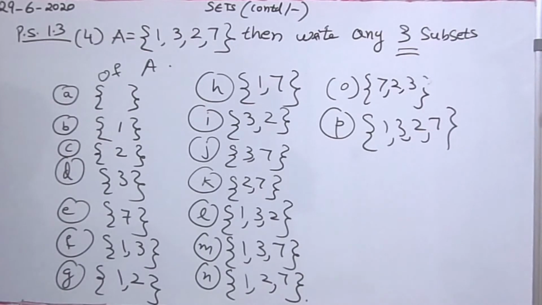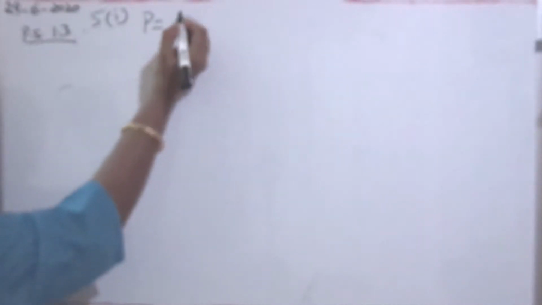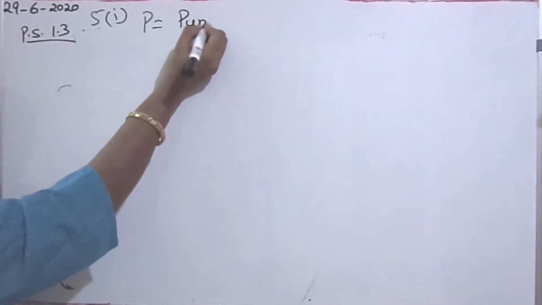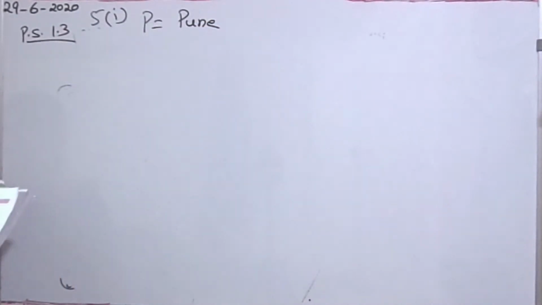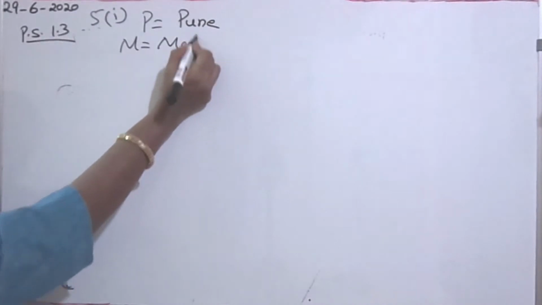Question number 5. P is the set of all residents of Pune. M is the set of all residents of Madhya Pradesh.